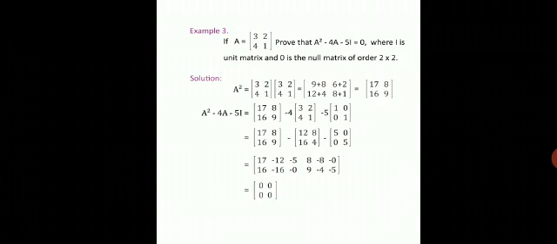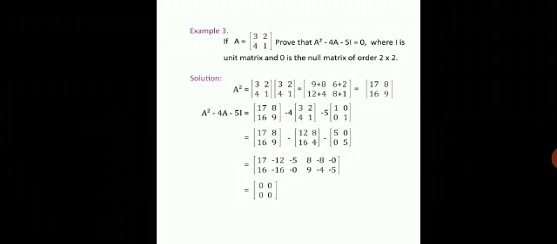Now simplify in the third step, that is corresponding elements have to be simplified. There is a minus in between the matrices, that becomes 17 minus 12 minus 5, 8 minus 8 minus 0, 16 minus 16 minus 0, 9 minus 4 minus 5.